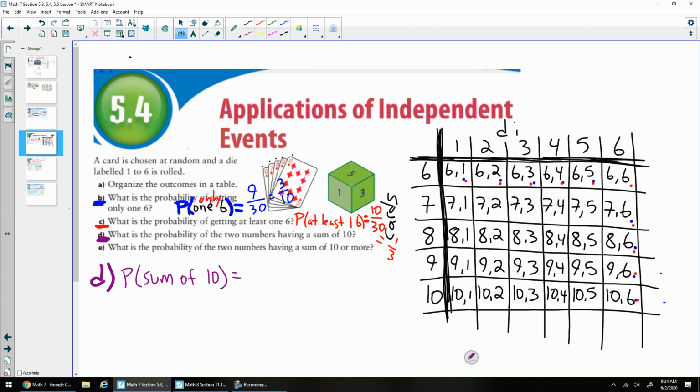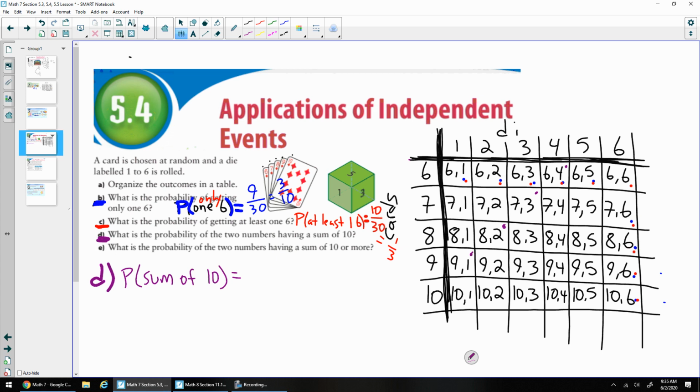So what numbers add up to 10? Well, 6 plus 4 adds up to 10. 5 plus 5 does, but there's no 5 in our card numbers. So 6 plus 4 adds up to 10. I know 7 plus 3 adds up to 10. I know 8 plus 2 adds up to 10. And I know 9 plus 1.